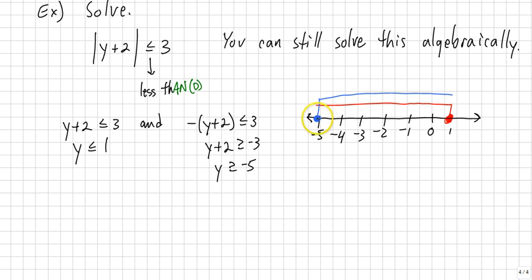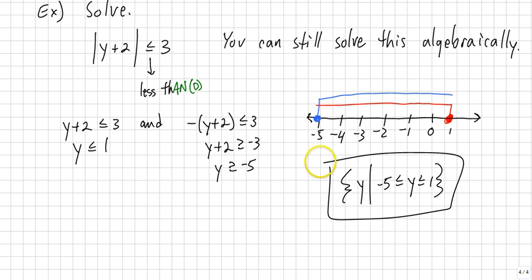We had everything from -5 up to +1. That's what we got a second ago. So our solution set is all y such that y is between -5 and +1, including -5 and +1. So we had the same thing using what we learned in the previous section.